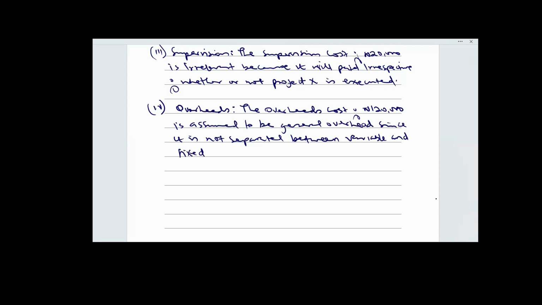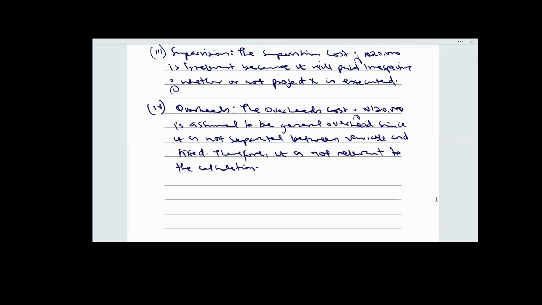Therefore it is not relevant to the calculation. It is not relevant to the calculation.